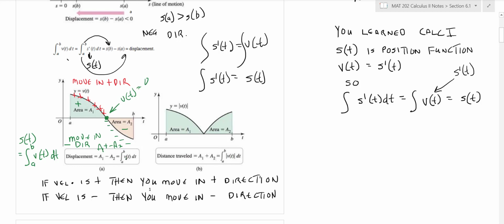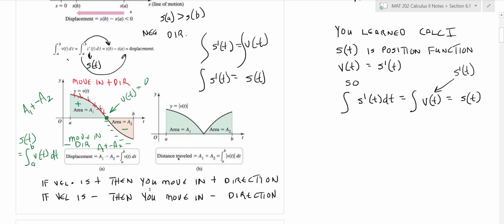The displacement is really just the definite integral of the velocity from a to b. You would take this number and subtract this number, because that's positive, since it's above the x-axis, and that's negative because it's below. If it helps you, you're really doing A1 plus negative A2. A2 just happens to be a negative number. All right, so that's what we mean by displacement.